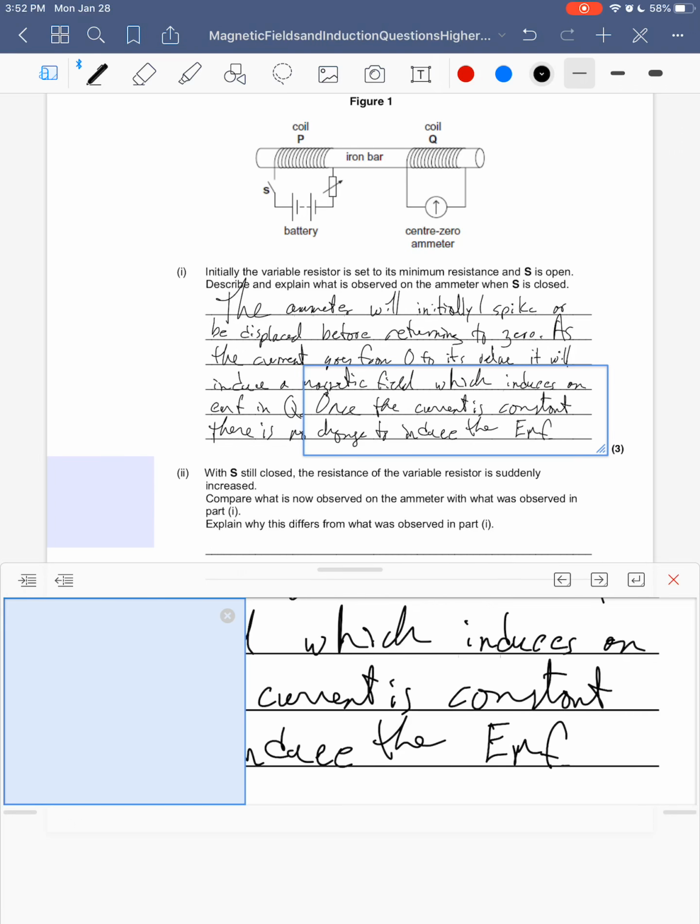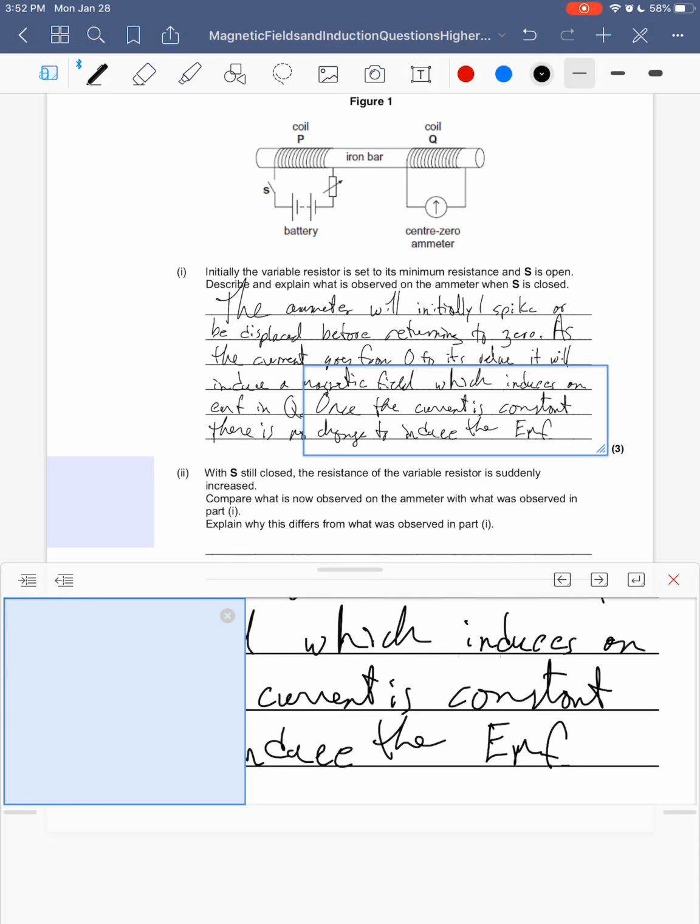Okay, so basically, the second that you close this, you have a changing current. So that changing current changes the magnetic field in the iron bar. That changing magnetic field will induce an EMF in our coil.